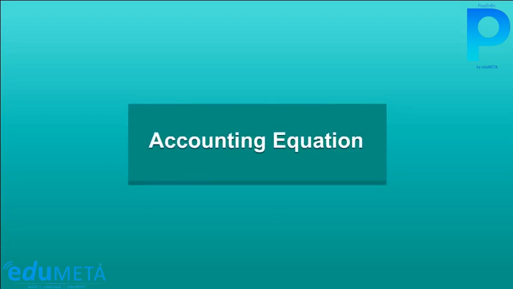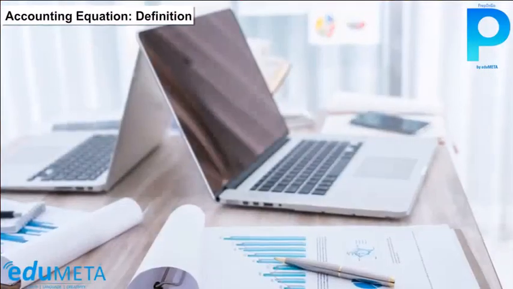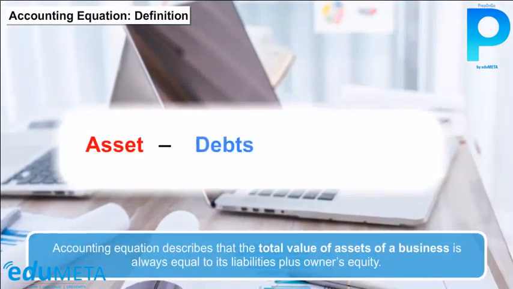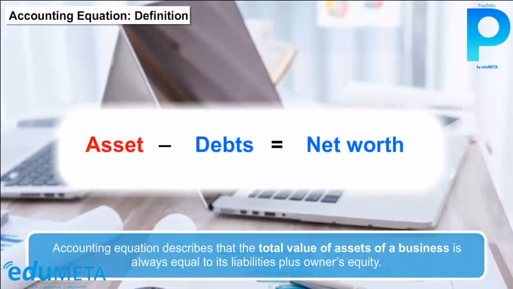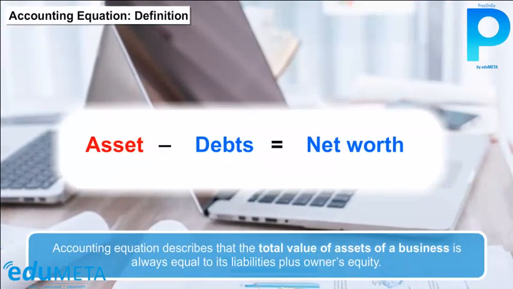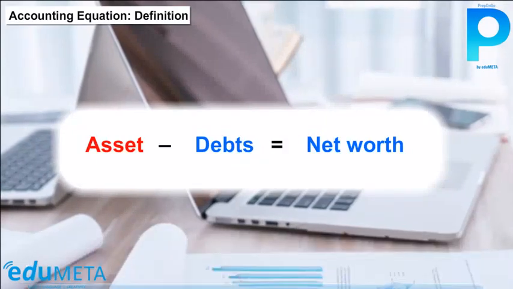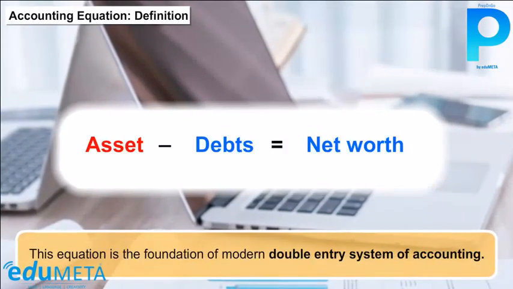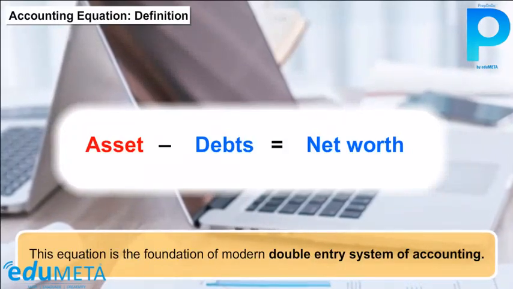Accounting equation. Definition: the accounting equation describes that the total value of assets of a business is always equal to its liabilities plus owner's equity. This equation is the foundation of the modern double-entry system of accounting.